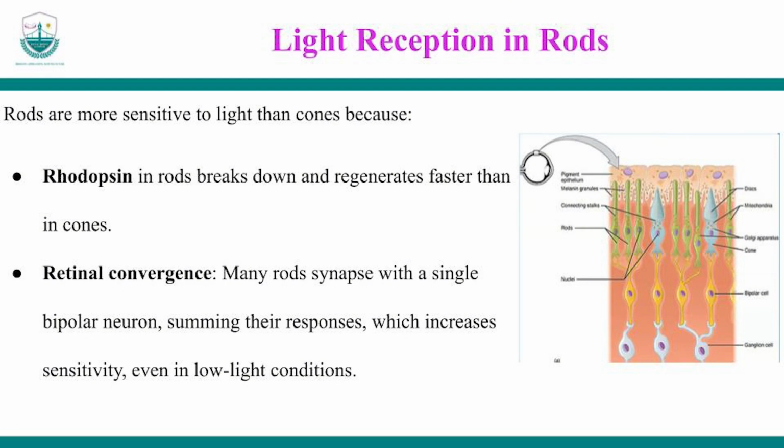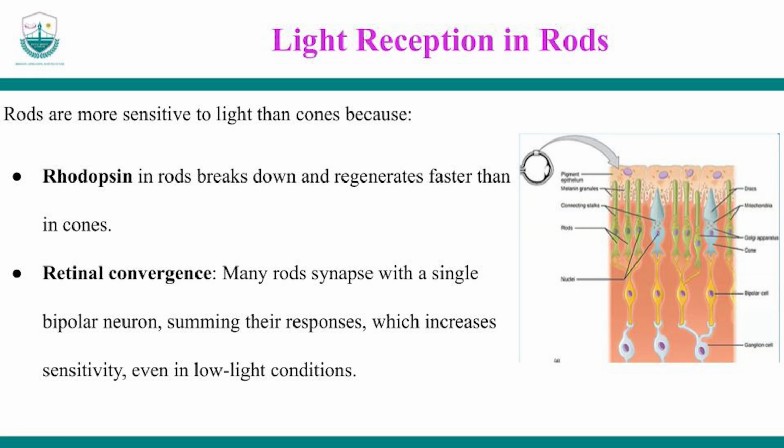That means that the overall stimulation of these individual rods is summed up, they add up, such that the excitement is in that one bipolar neuron, and then it will be sent to the brain. That's why the rods are very, very sensitive.